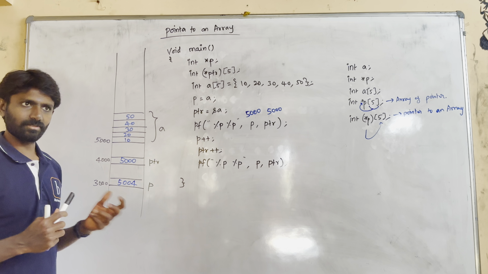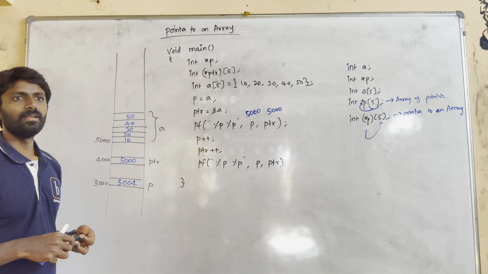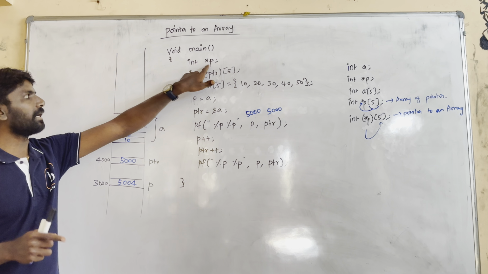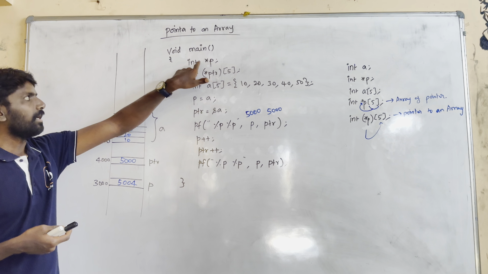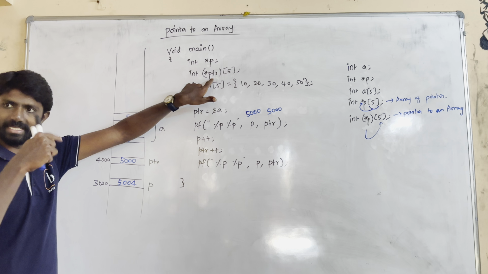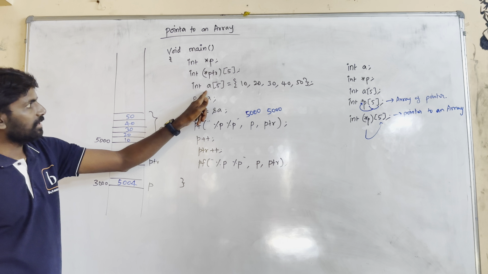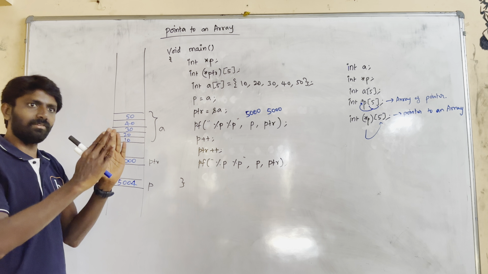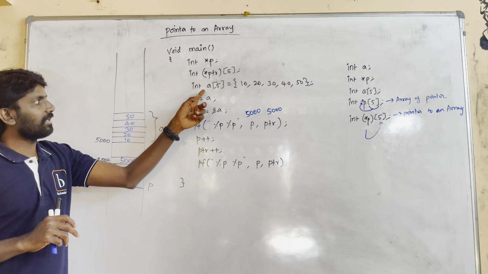You are almost close, but make it clear. See, understand, P is what type of pointer? Integer pointer. But PTR is a pointer for one array. If you increment P, it will jump from one integer to the next integer. If you increment PTR, it will jump from one array to the next array. So the array size is 5, so from this entire array of 5 integers, it will jump to the next array. We don't have a next array, that is our problem, but what will happen?